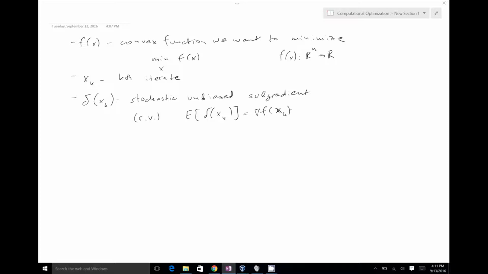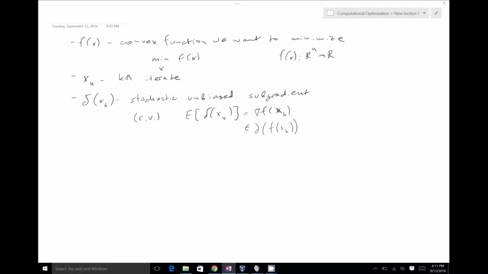And this is actually a bit like an even stronger condition than what we need. So usually people write this. Instead of saying equal to the gradient of f, what they'll do is they'll write that this expectation is an element of the subgradient set of f at x_k.